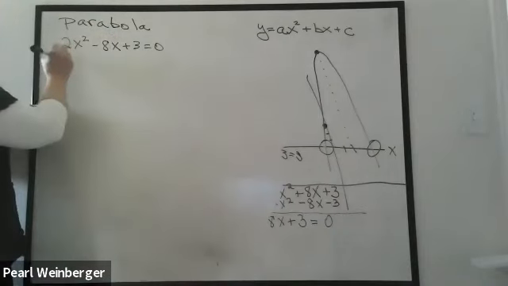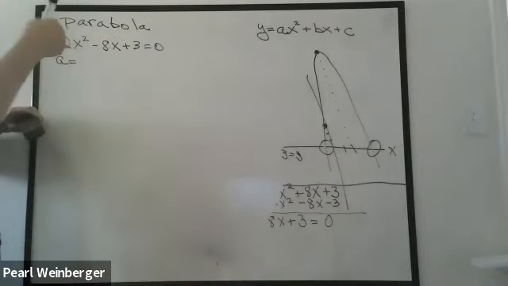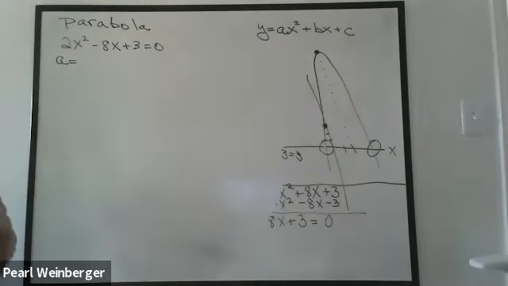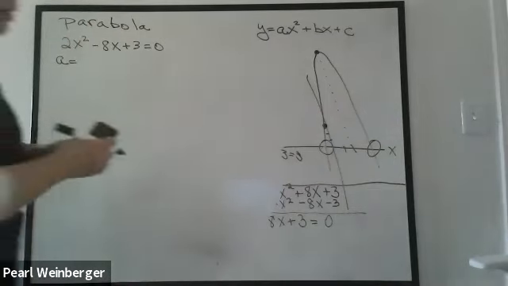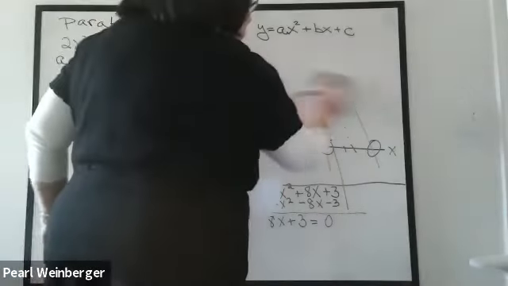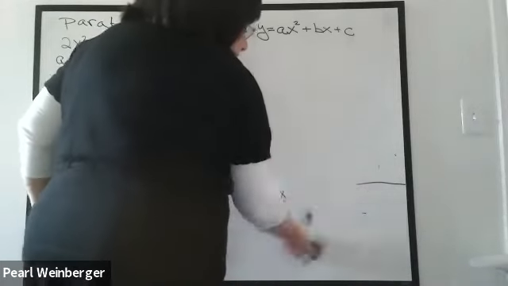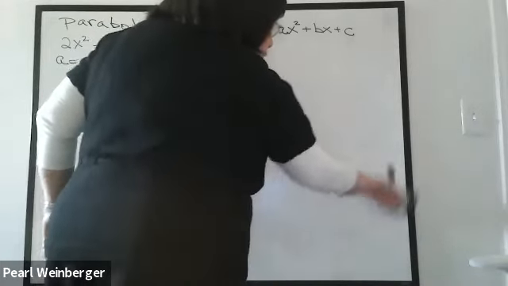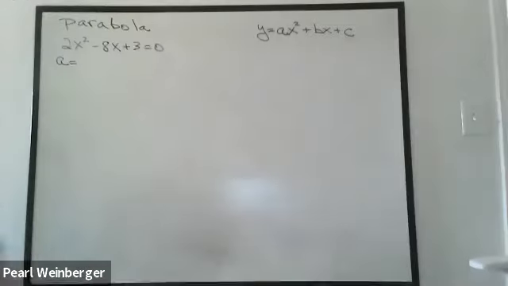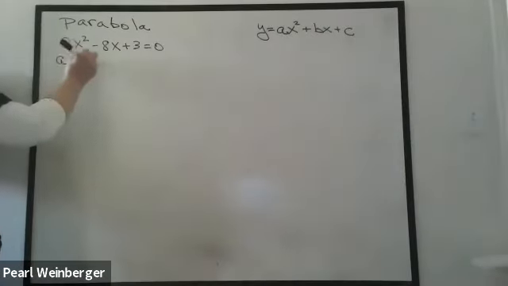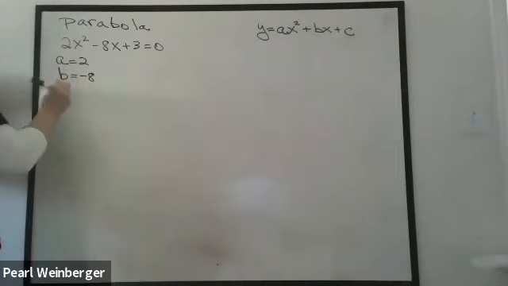Remember, in this case, it's not the same A and B and C that it was for the parabola because I've moved things around. I brought things from one side of the equation to the other side. So therefore, my A in this case turns out to be 2. My B turns out to be negative 8. And my C turns out to be 3.